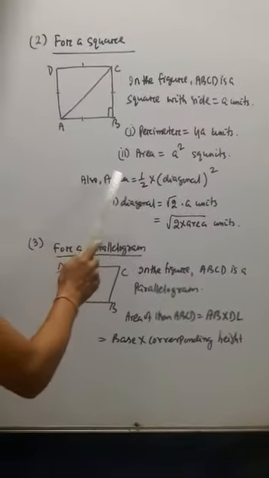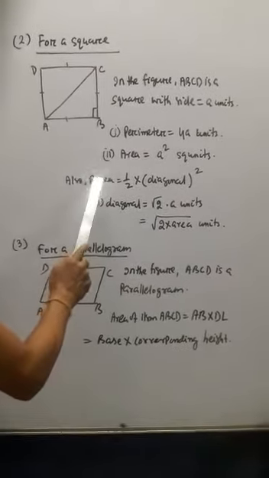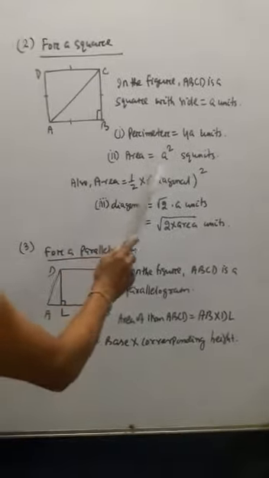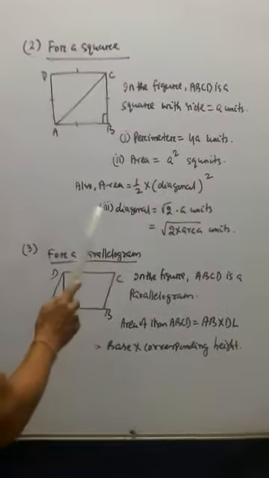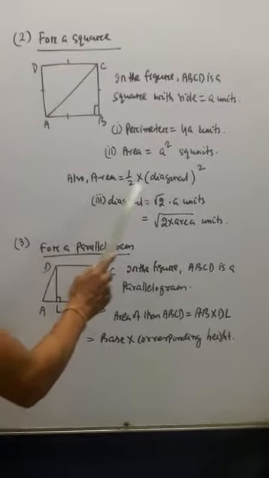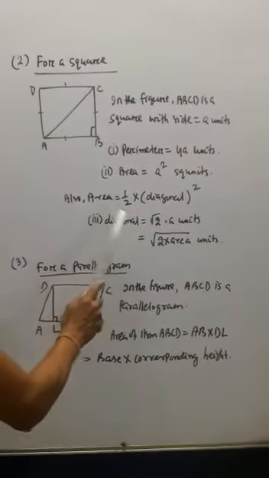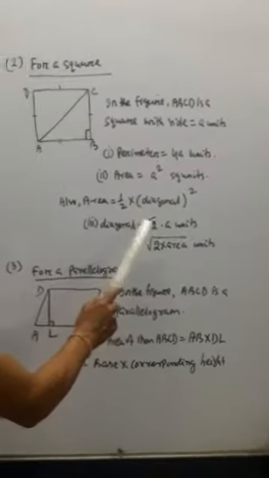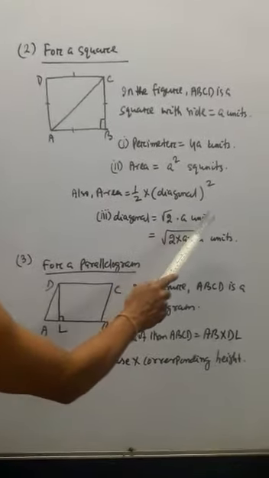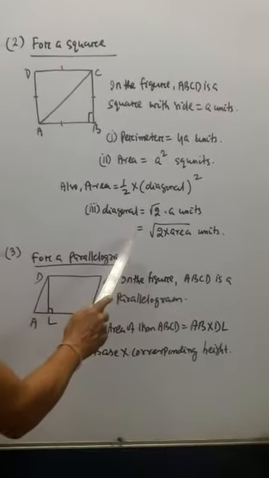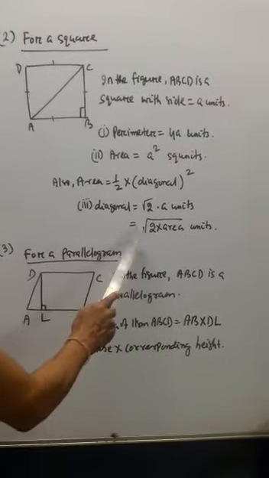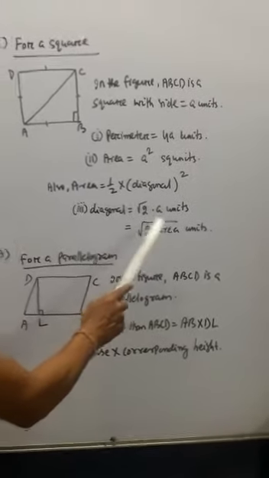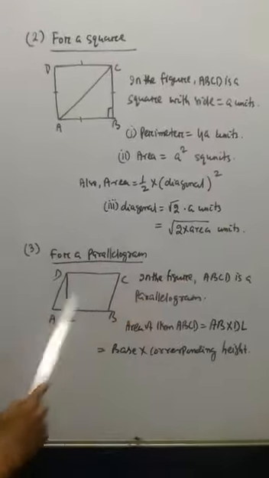Also we can find the area when the diagonal is given, that is half into diagonal square. And third point, if the side is given, to find the diagonal it is equal to root 2 into a units, or we can use another formula, that is under square root of 2 into area units.